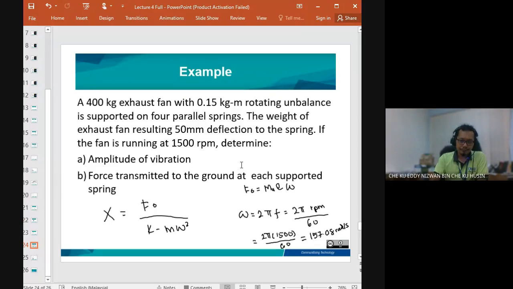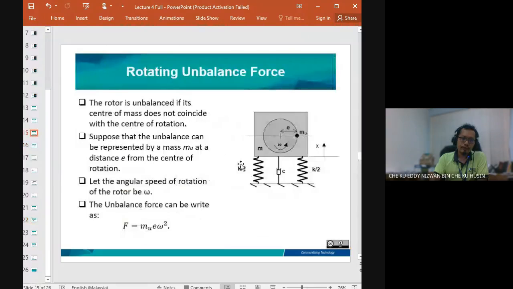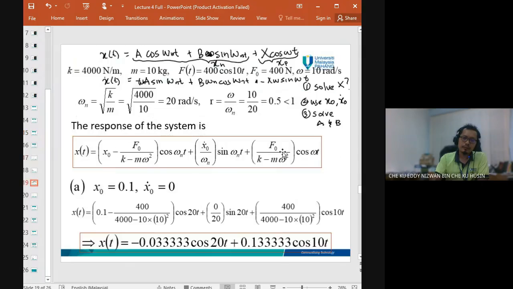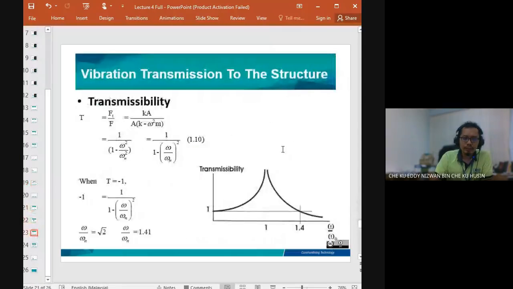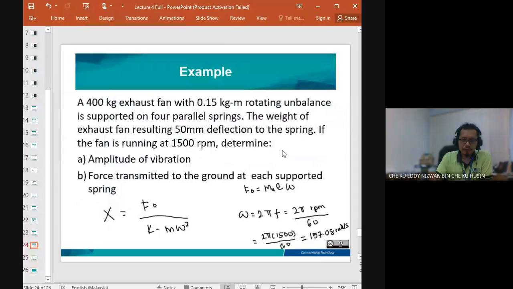So if you refer to the equation, m_u e, m_u is the mass times e, the distance. The value is already calculated. So now we can calculate F naught. To calculate F naught, we need the information of omega.